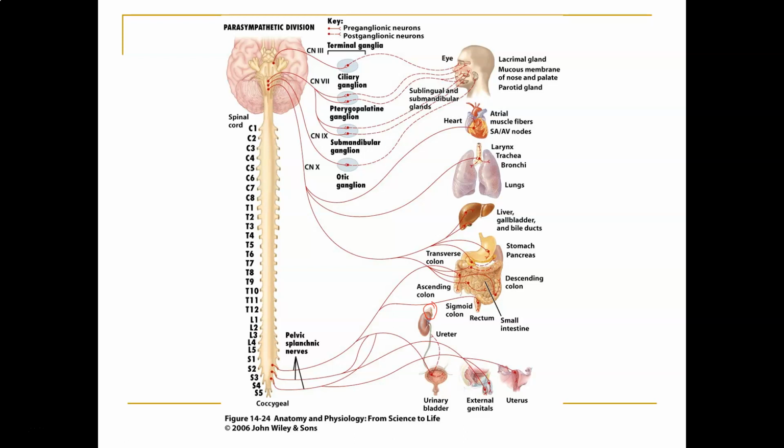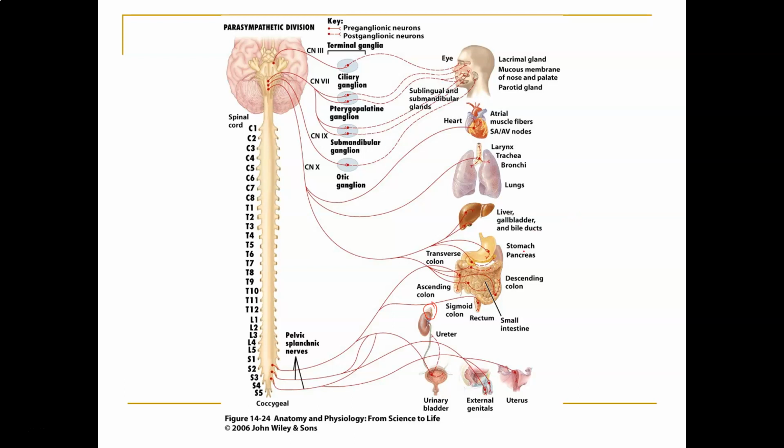But then there are some glands or muscles that are only controlled by one or the other. For example, your sweat glands are only controlled by the sympathetic. If you increase sympathetic impulses to your sweat glands, you'll make more sweat to cool your body down.